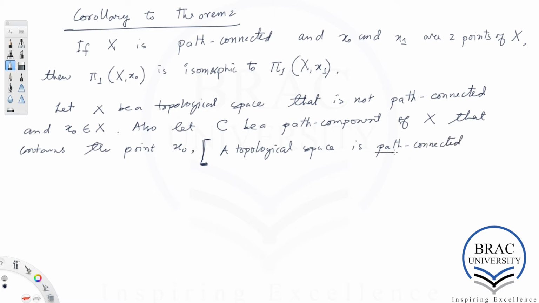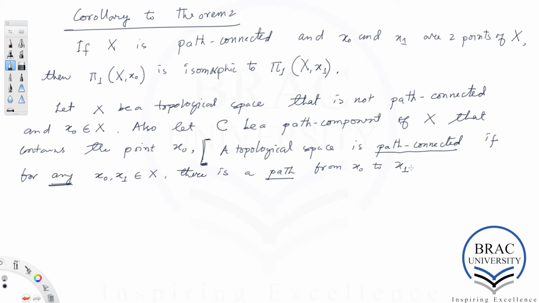It is path connected if, and it is important that for any, if you choose any pair of points from this topological space given by x0 and x1, there is a path from x0 to x1.